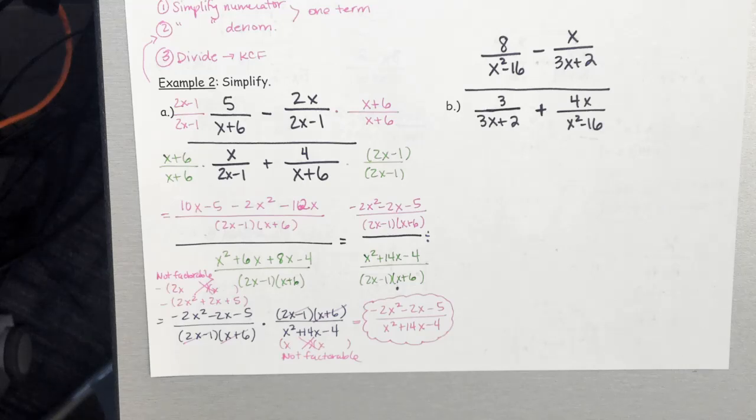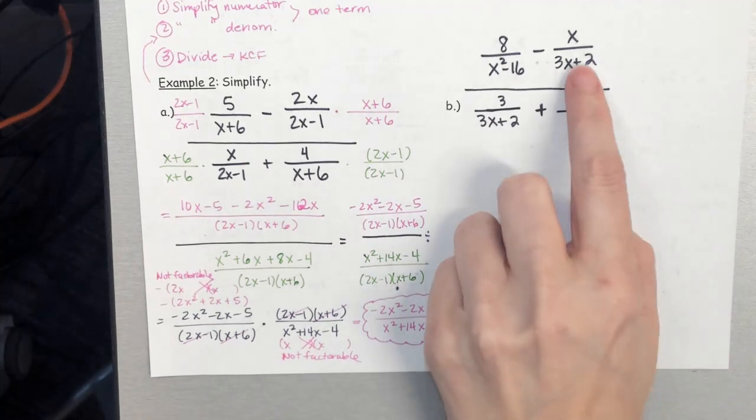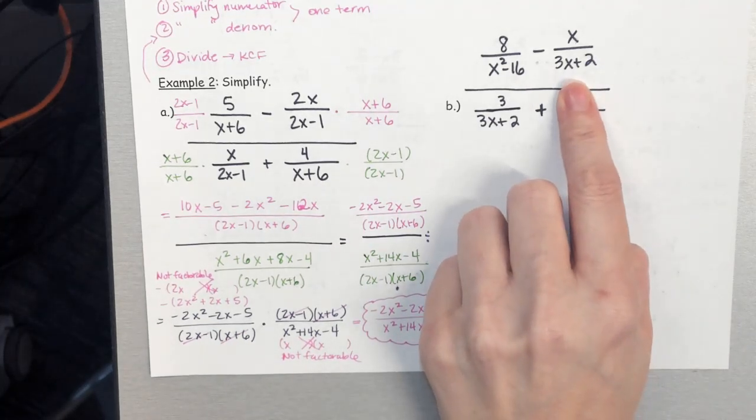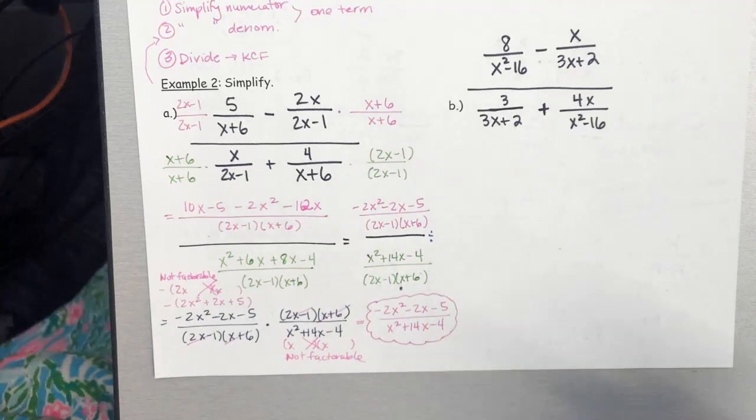Okay, so because we're going to have to FOIL them anyway, you don't have to worry about factoring it down in this case. If you had x plus 4, x minus 4 here, you definitely would want to.